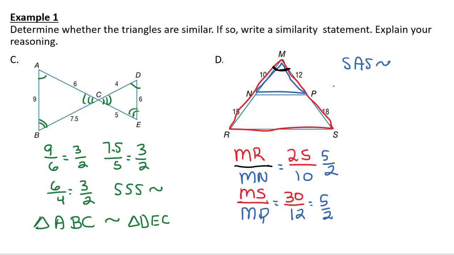Triangle RMS is similar to triangle, so I started with R, so I need to start with, I want to show you guys in the colors, NMP. And that makes sense because RM or MR was similar to NP. Okay, so we've tackled that.